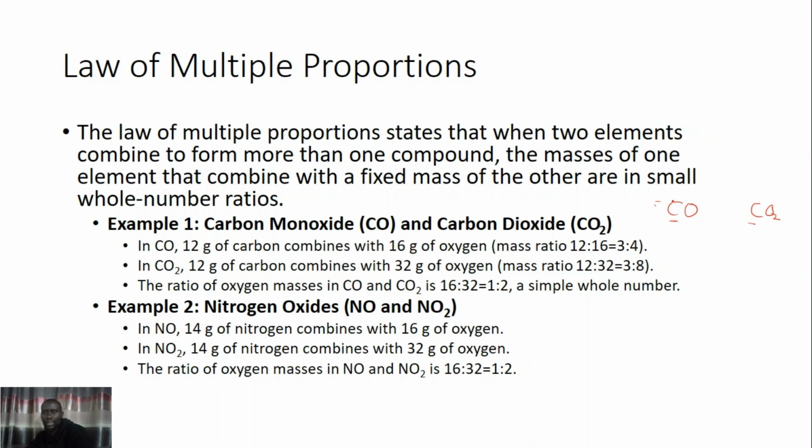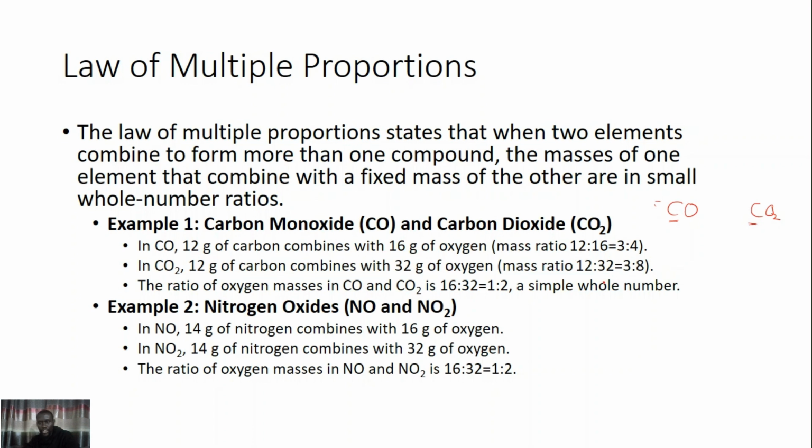If you look at this, in carbon monoxide, 12 gram of carbon combined with 16 gram of oxygen. This is the ratio in which they are combined. And in carbon dioxide, 12 gram of carbon combined with 32 gram of oxygen.